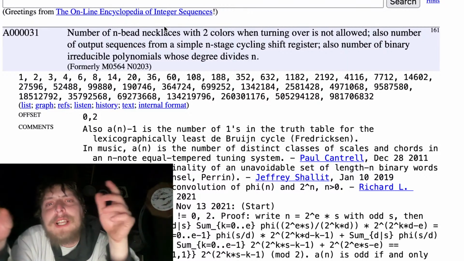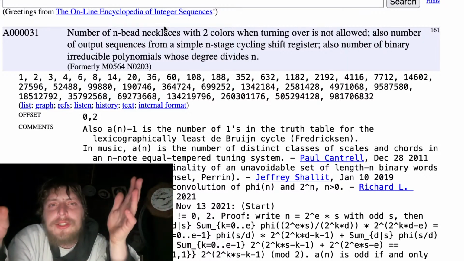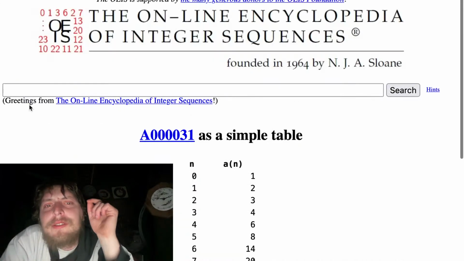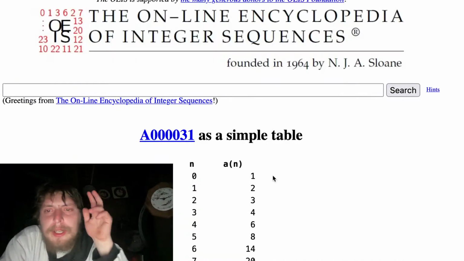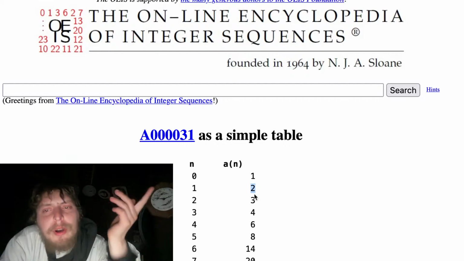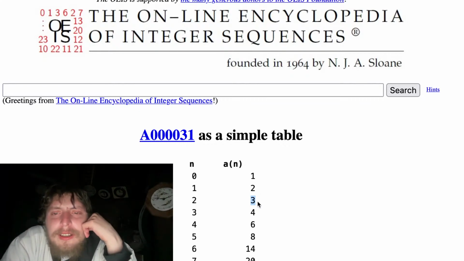And so we could phrase that as words of strings of digits that are 0s and 1s. And so we could say like 2 colors and you can't flip. So that means 0, 1 and 1, 0 are different. So that could be 0 or 1. That could be 0, 1, 1. Wait, why is there only 3?